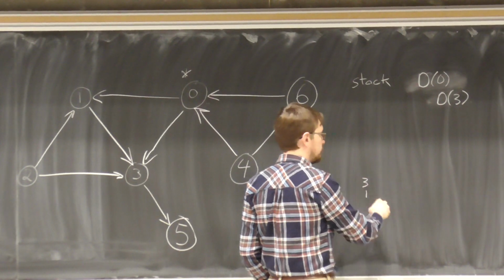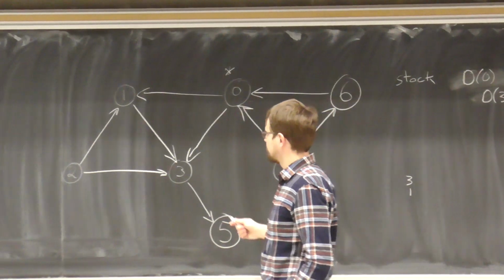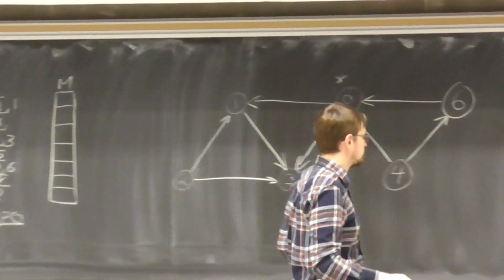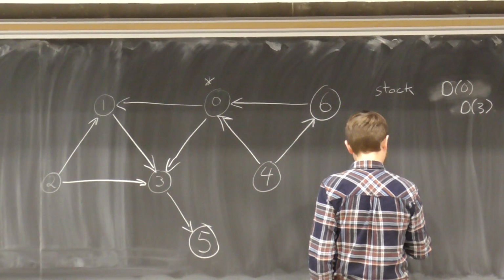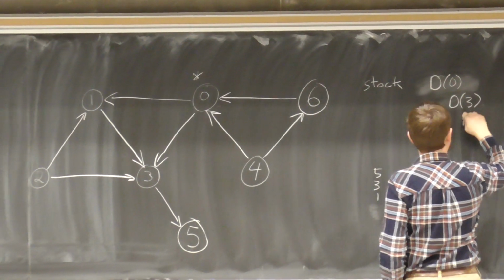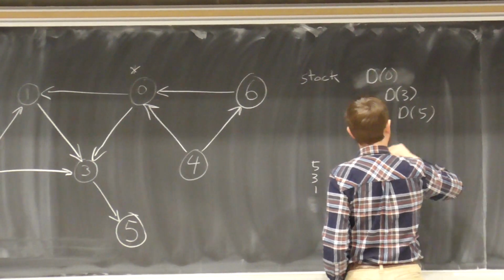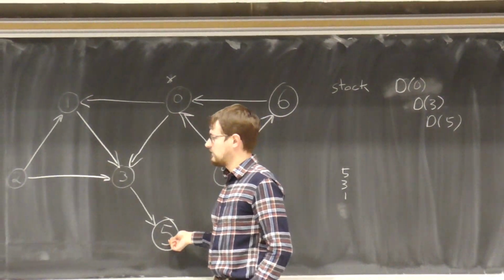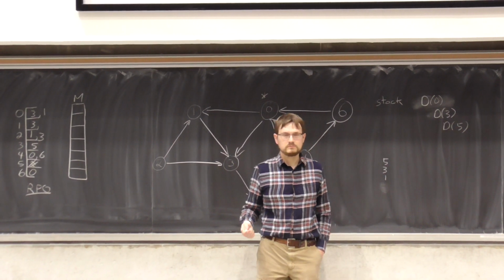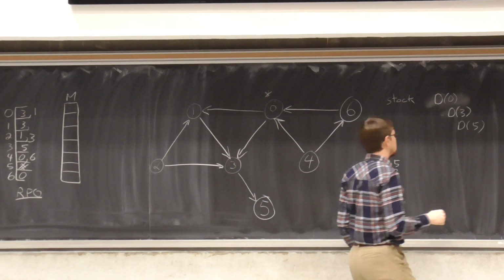We're processing 3. To process 3, we look up what it has. 3 has 5. So we push 5 onto the stack, calling depth first search on 5. 5 finds nothing else, right? So 5 terminates.